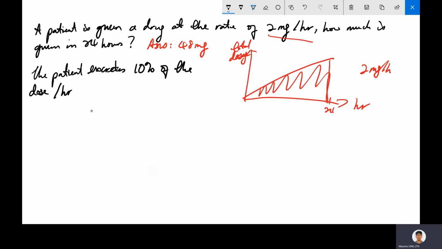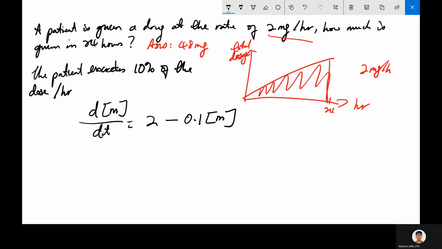So what you have is the total medication over time: first your 2 per hour, right? You minus off 0.1 of the drug dosage. This is the equation. Then to calculate over 24 hours, you integrate the whole thing, 0 to 24 hours, dx.